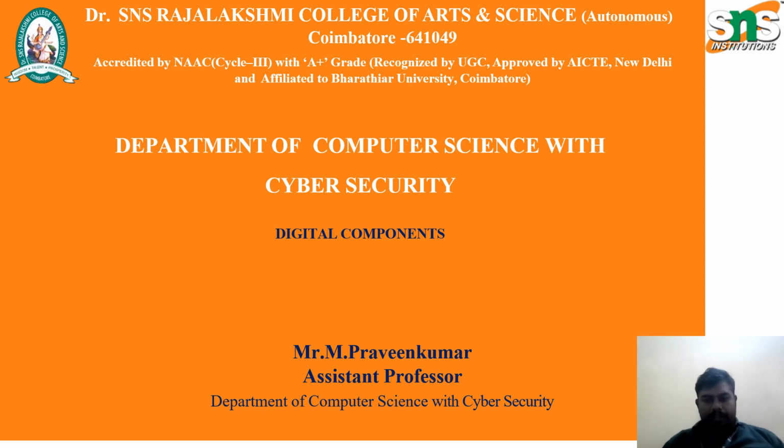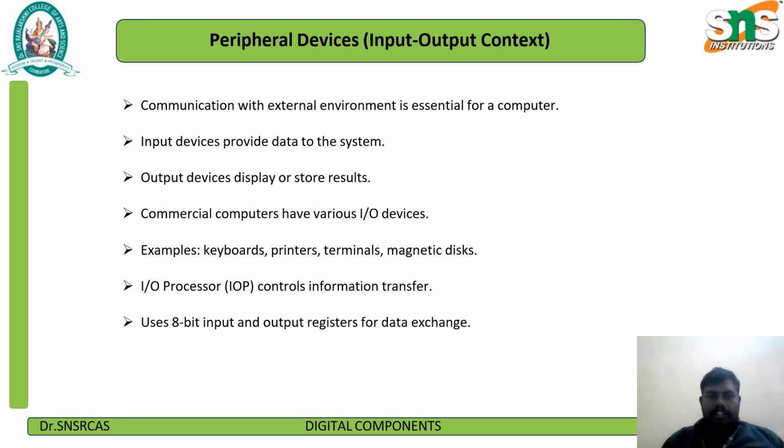Previously you watched the video on input-output organization, and this video continues with the digital components. The digital components include peripheral devices. Communication with the external environment is essential for a computer.